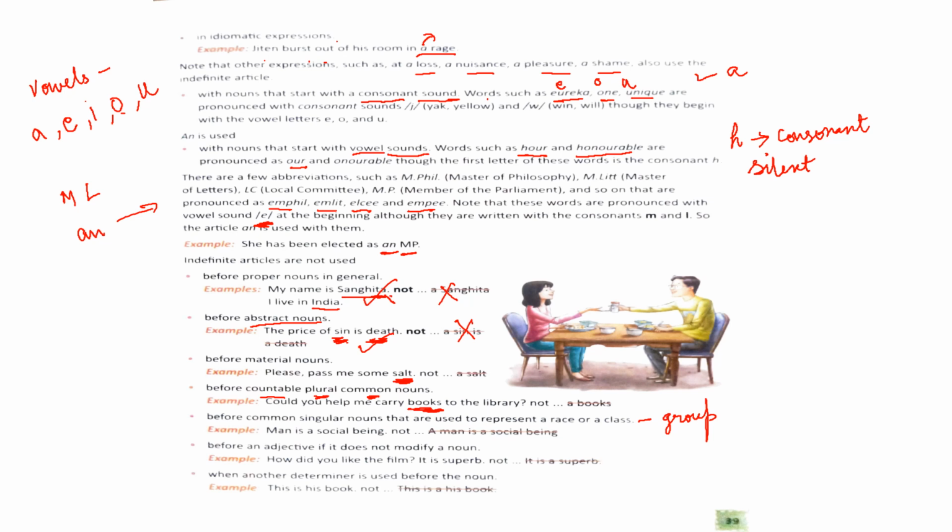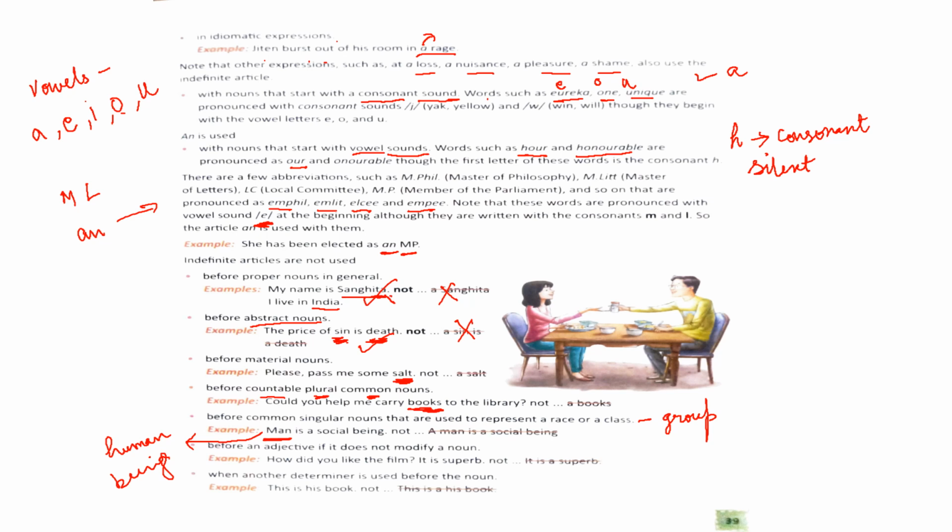For example, man is a social being. Here man is a common singular noun, but it is representing a group, and that group is human beings. Man here refers to human beings, so it is referring to a particular race or a class.